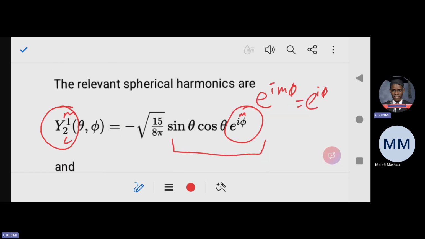The answer is that they are the standard spherical harmonics. If I tell you y1, y2, you should be in a position to tell me that it's plus or minus root of 15 over 8 pi multiplied by sine theta cos theta e to the power i phi.